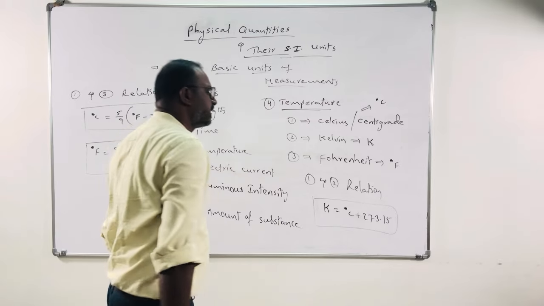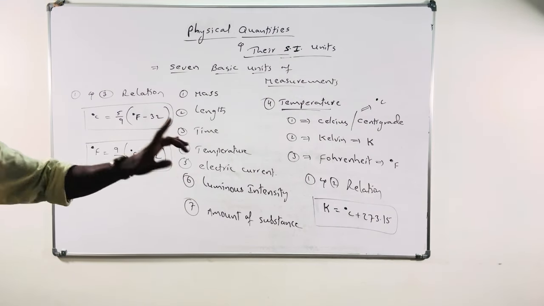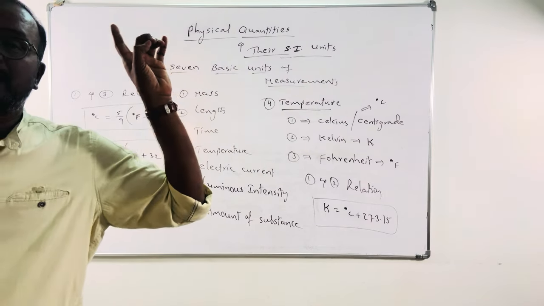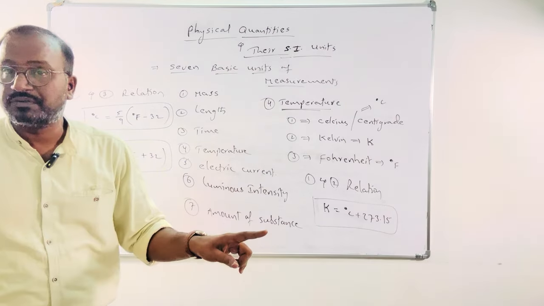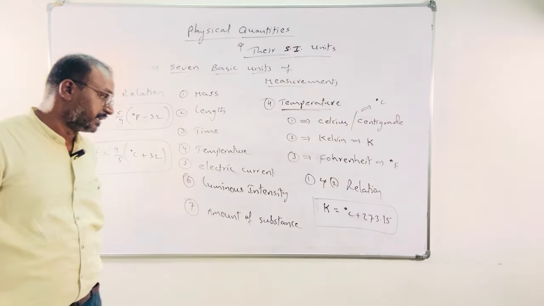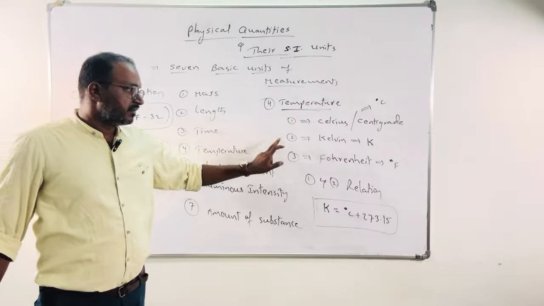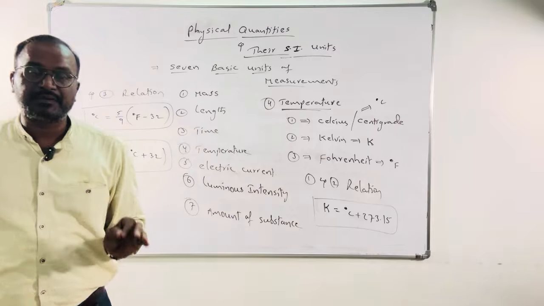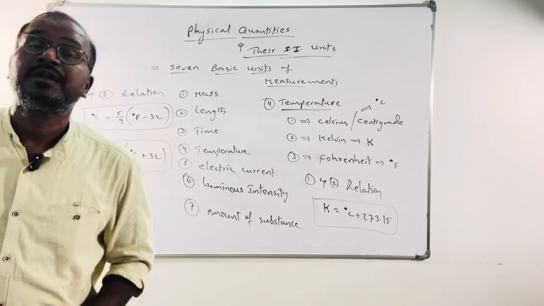Whatever units are given for the numerical calculation, temperature must and should be in Kelvin only. Whether given in Celsius, Kelvin or Fahrenheit, for calculation purposes you have to convert temperature units into Kelvin.